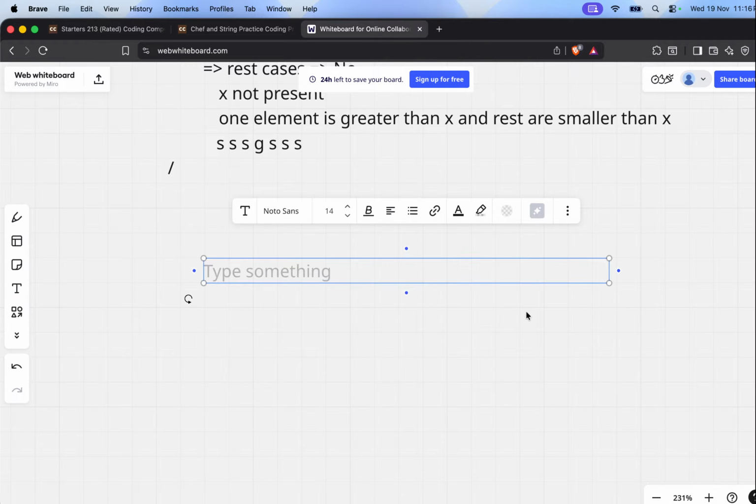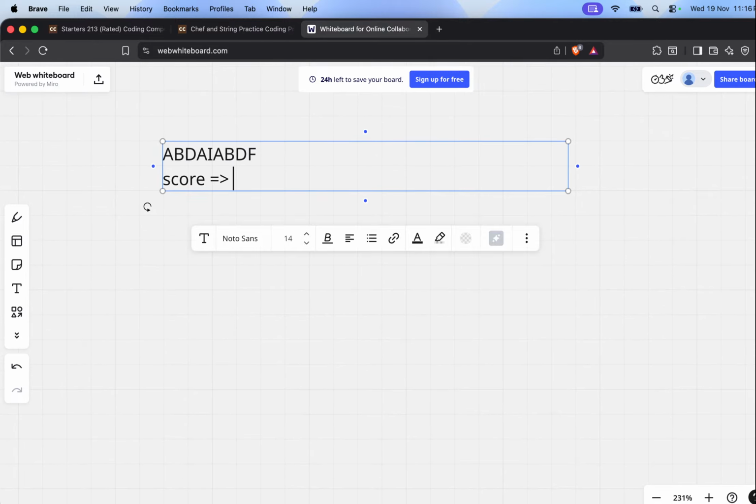We are given a string made of only English uppercase alphabets, let's say A, B, C, D, and consisting of some I's. And we need to maximize the score. What is score? Score is defined as the maximum number of matching adjacent pairs.